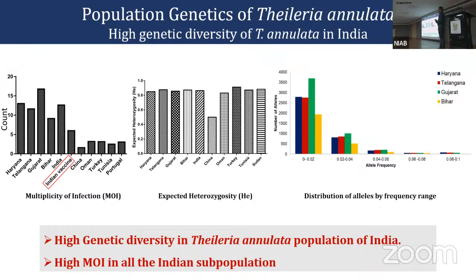Generally, multiplicity of infection says the number of parasites infecting. Based on the PCR, you are assuming the number of counts. In the infected cattle, we do not have any control over the number of genotypes.